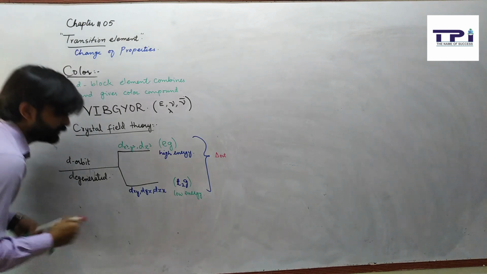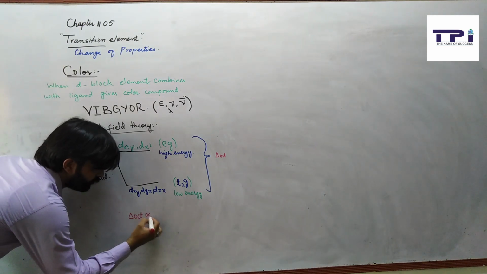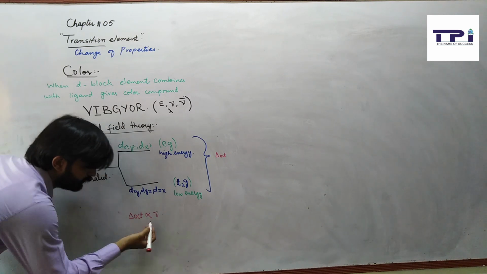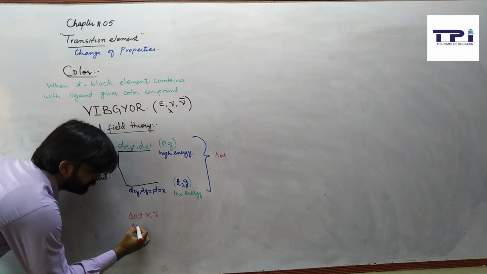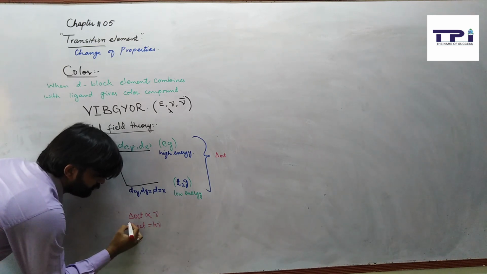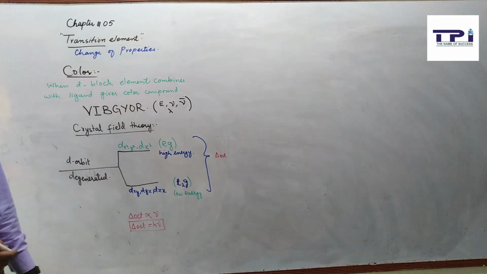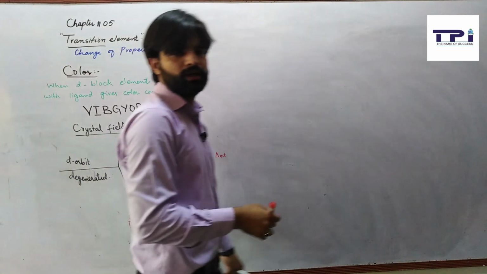Del oct is proportional to frequency, and the frequency generated gives wavelength between 4000 to 7000 angstrom, which is the visible region.